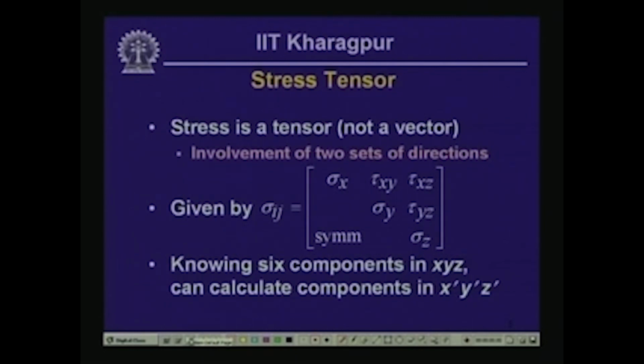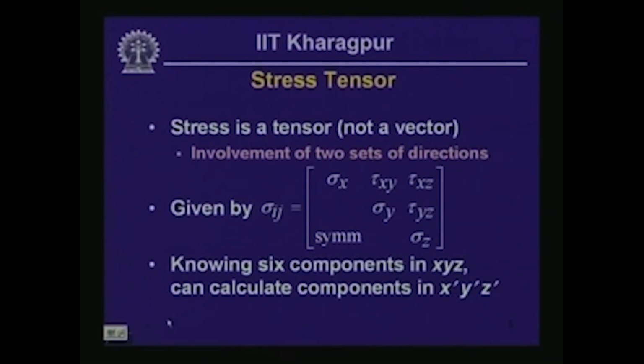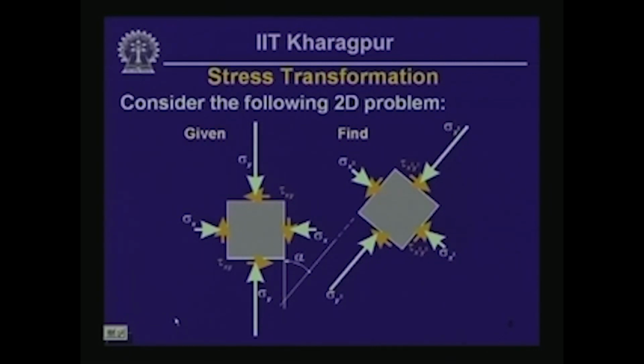Then let us consider the transformation in a 2-dimensional state of stress. What is a 2-dimensional state of stress? It is a state of stress in which we do not need to consider the third coordinate direction.